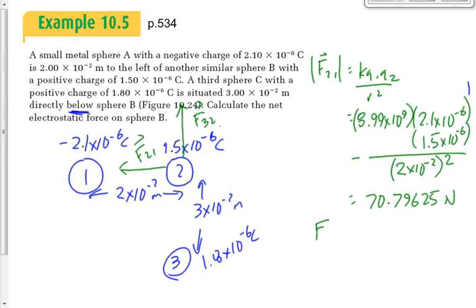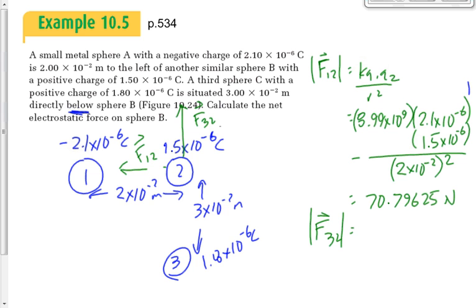Or sorry, F32, I should say. Oh, this shouldn't be F21, right? This should have been F12. That's not a huge deal, right? It's the same value. That probably wouldn't have caused us to make a mistake in this, but we'll fix it just to be sure.